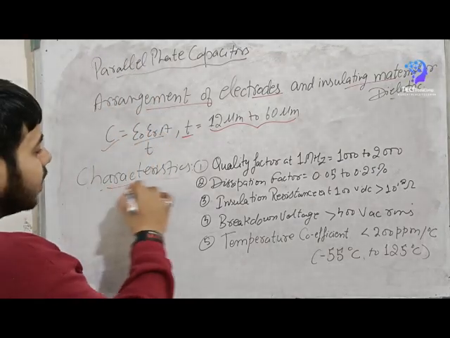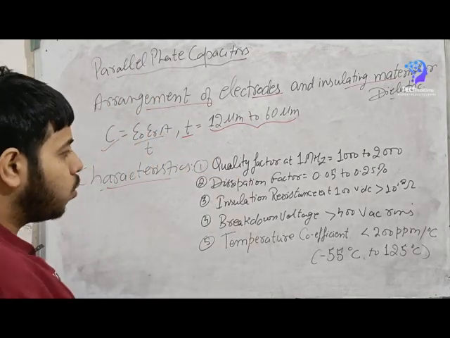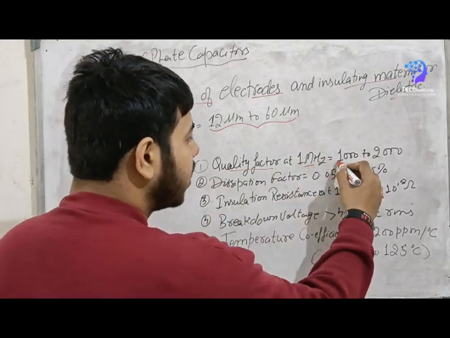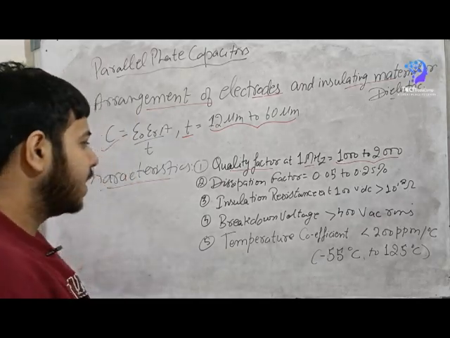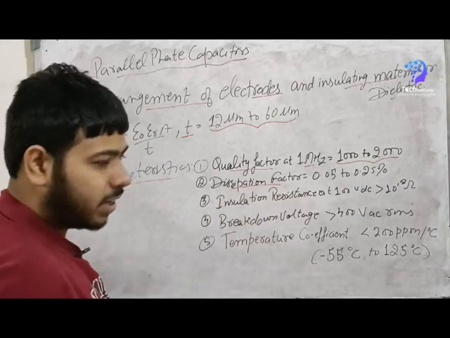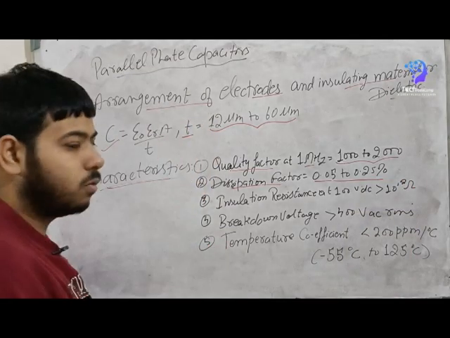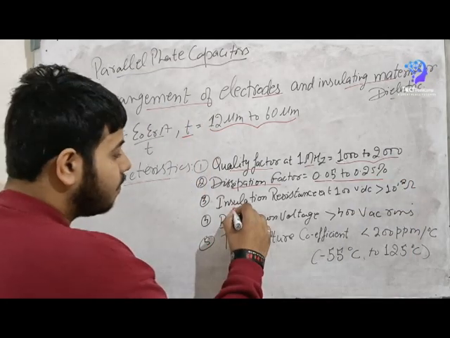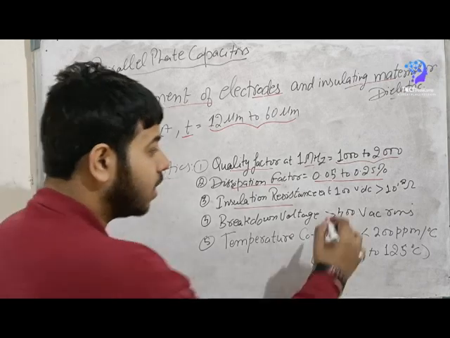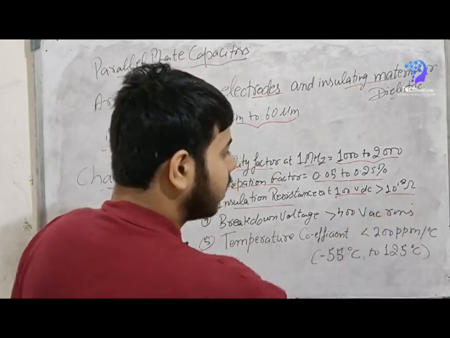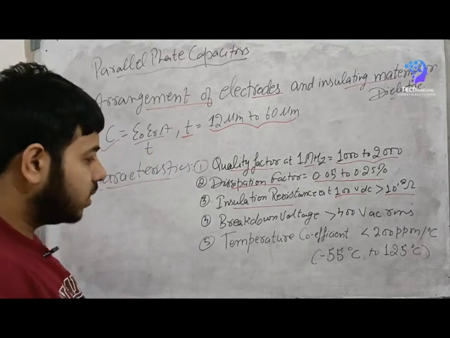Now what are the characteristics of these capacitors? First one is the quality factor at 1 megahertz, which is 1000 to 2000. Second is the dissipation factor of 0.05% to 0.25%. Third is the insulation resistance at 100 volt DC, which is greater than 10 raised to the power 12 ohms.